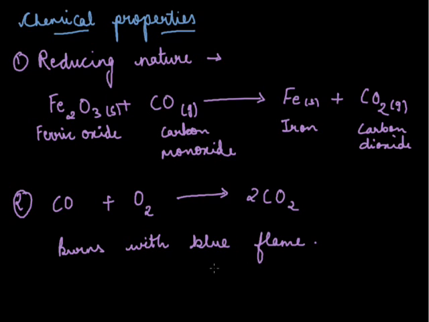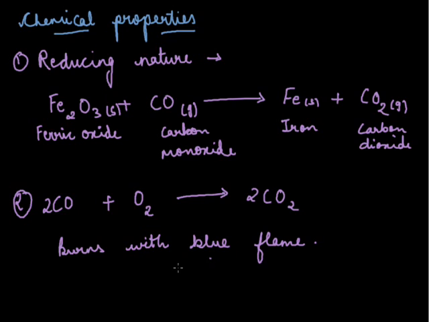Now, if the oxygen is in excess, that is, if carbon monoxide is treated with an excess of oxygen, then the products here are carbon dioxide and ozone. So, depending upon the amount of carbon monoxide and oxygen, the products are formed.